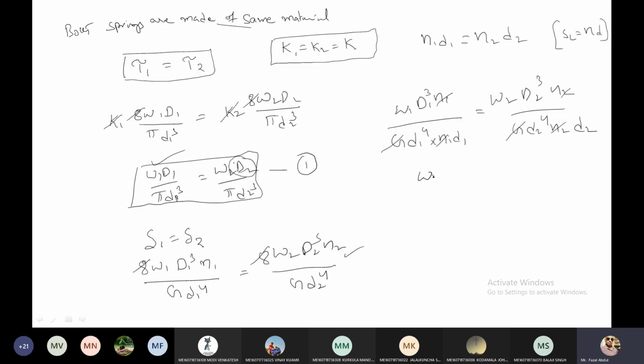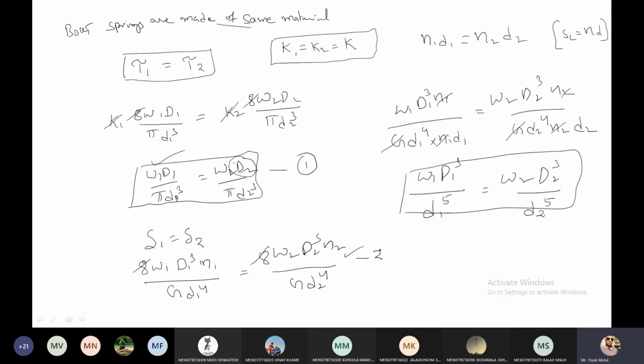Now W1 D1 cube by D1 power 5 equals W2 D2 cube by D2 power 5. Consider this the third equation.